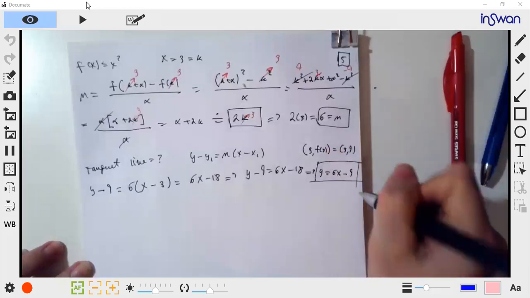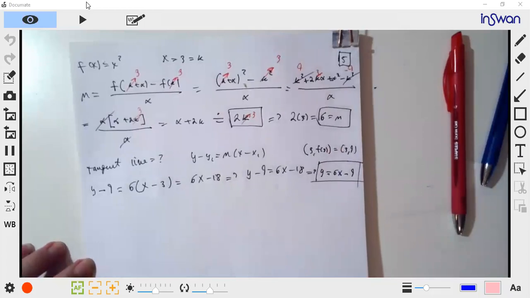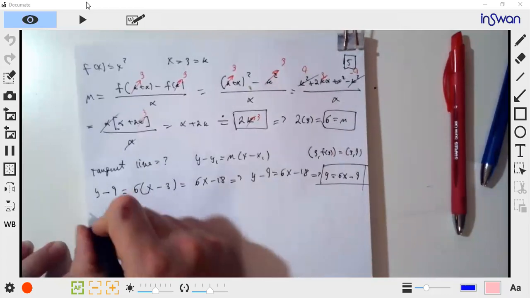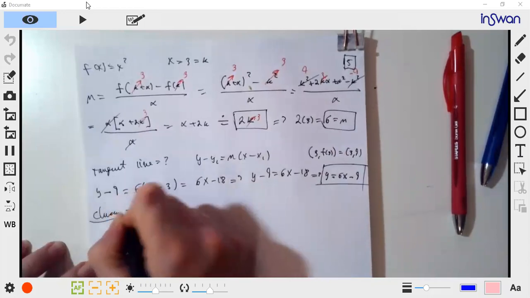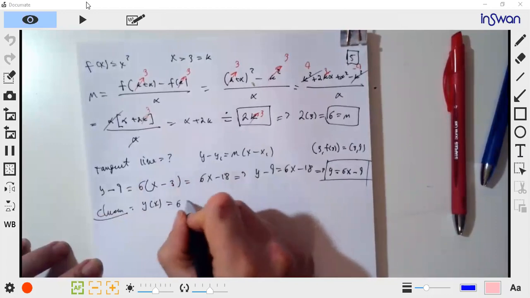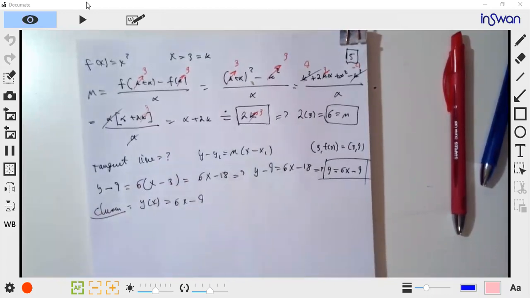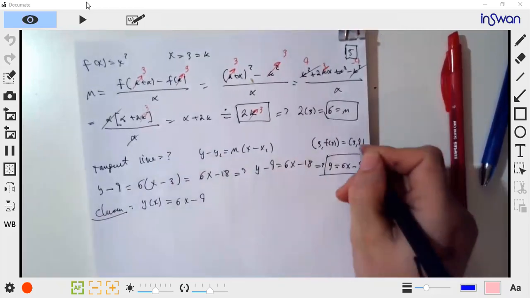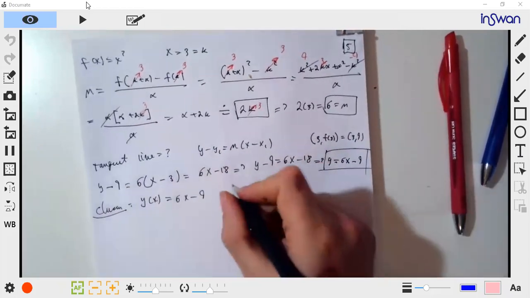This is the equation of the tangent line. Okay. Here's a way to check. If this is indeed the tangent line, y of x, then inputting the value 3 should output the same value as what you would get evaluating the function at 3.